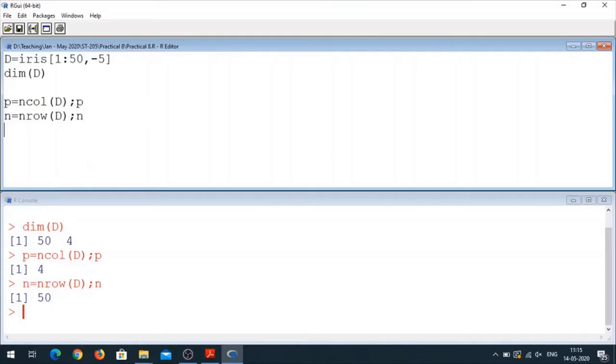Now I have n and p. I have to compute the gij's first. So let us first start by computing gij. Let me define a matrix called, say, gij mat, because we are going to have n square entries. So it's a matrix with n rows and n columns. My ijth entry of this matrix will actually be gij.